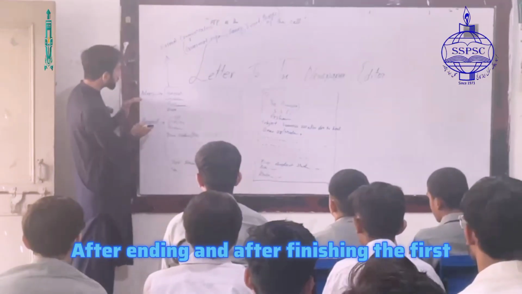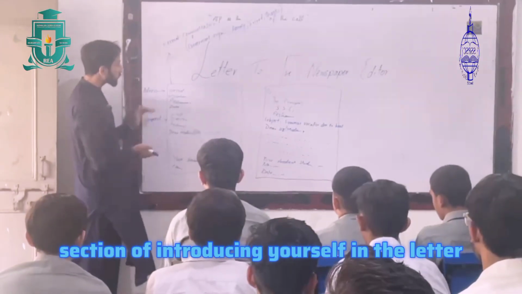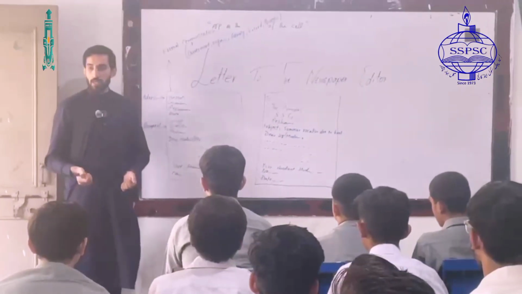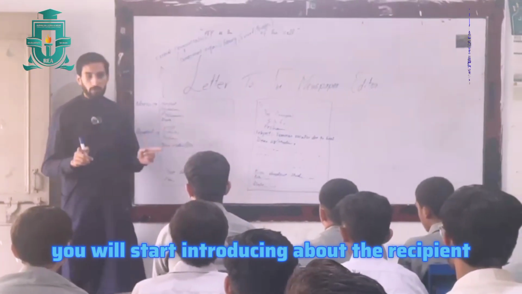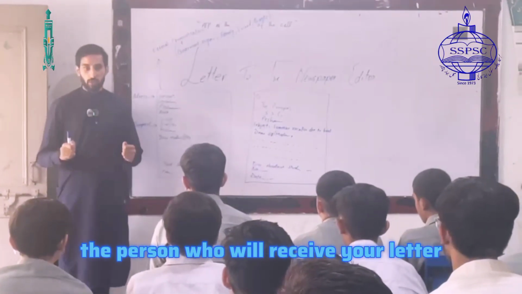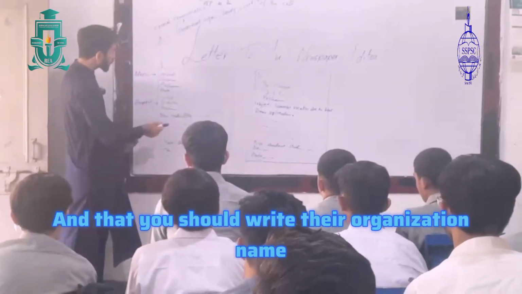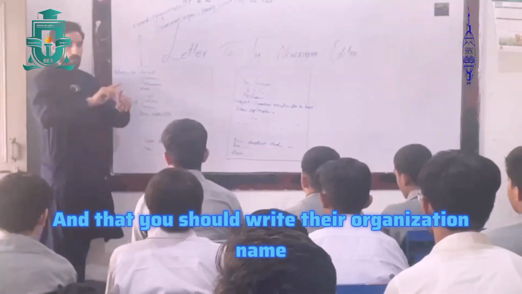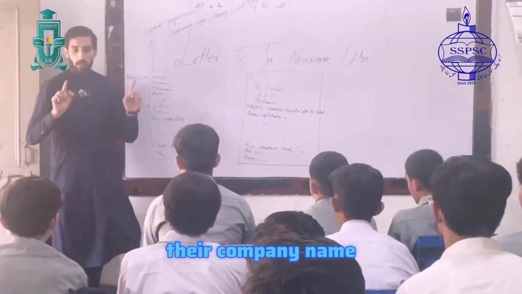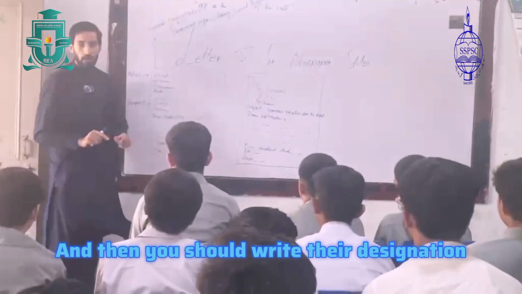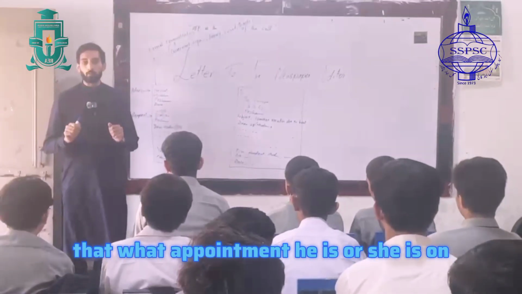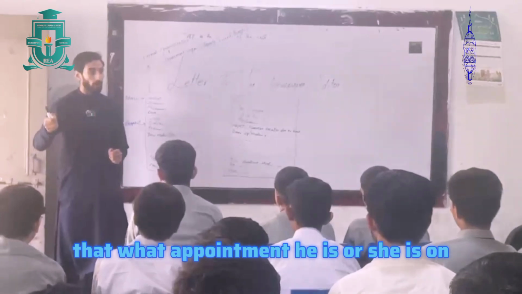After finishing the first section of introducing yourself, you will start introducing the recipient, the person who will receive your letter. You should write their organization name, their company name, or their institute name. Then you should write the designation, what appointment he or she is on.